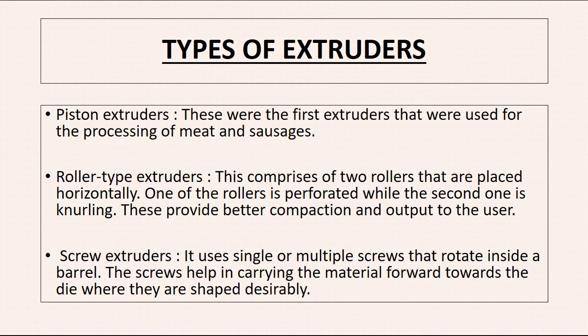Piston extruders were first used for the processing of meat and sausages. Roller extruders comprise two rollers, one of them perforated while the second one is knurling. Screw extruders are of two types: multiple screws or single screws. These screws, as we have talked about earlier, carry the material forward towards the die where they are shaped as desired.